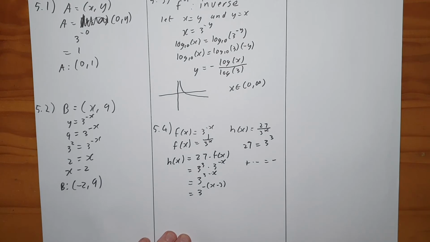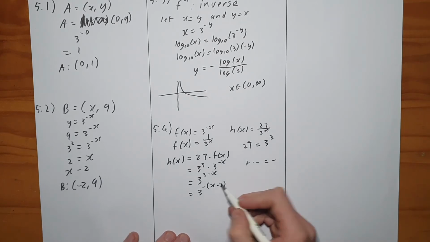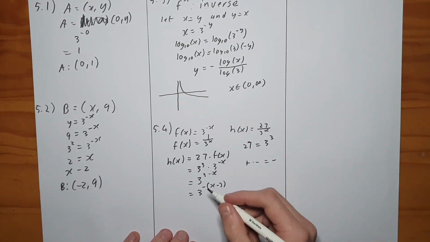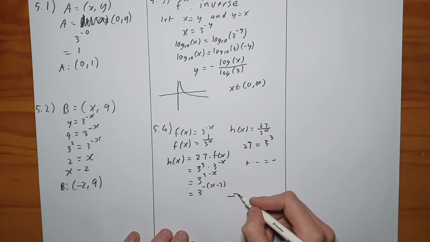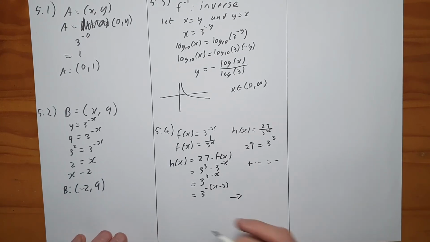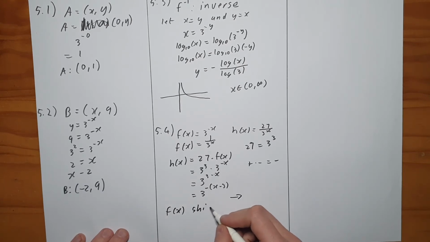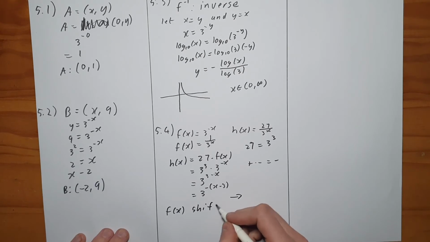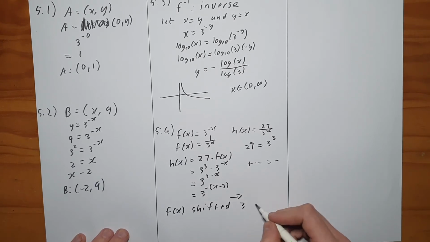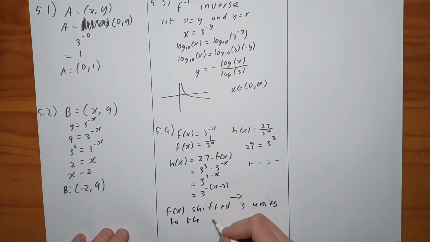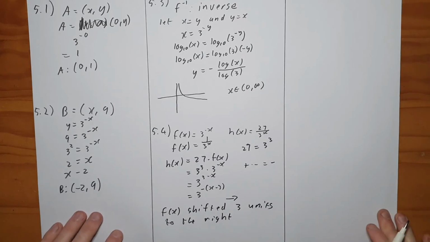Because it's a minus, every x value is shifted to the right by 3 units. So you can then say that f of x shifted 3 units to the right. And that's how we do that one.